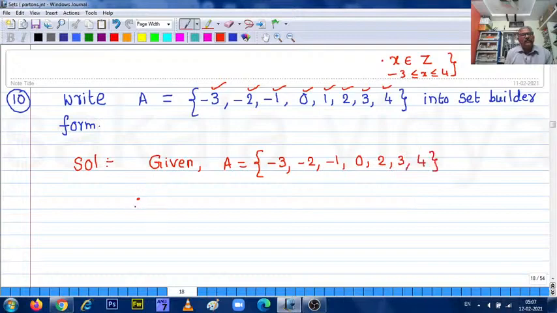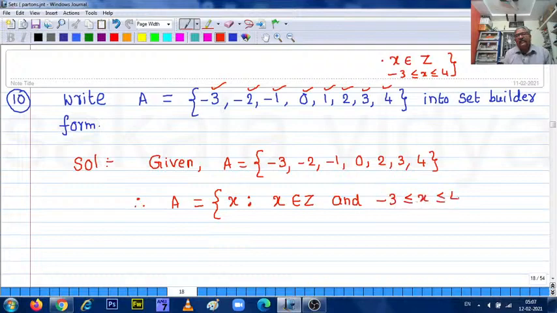Now the set builder form for this given set A: A equals x such that x belongs to integers, or x is an integer, and also the condition is -3 less than or equal to x, x less than or equal to 4. So this is the set builder form.